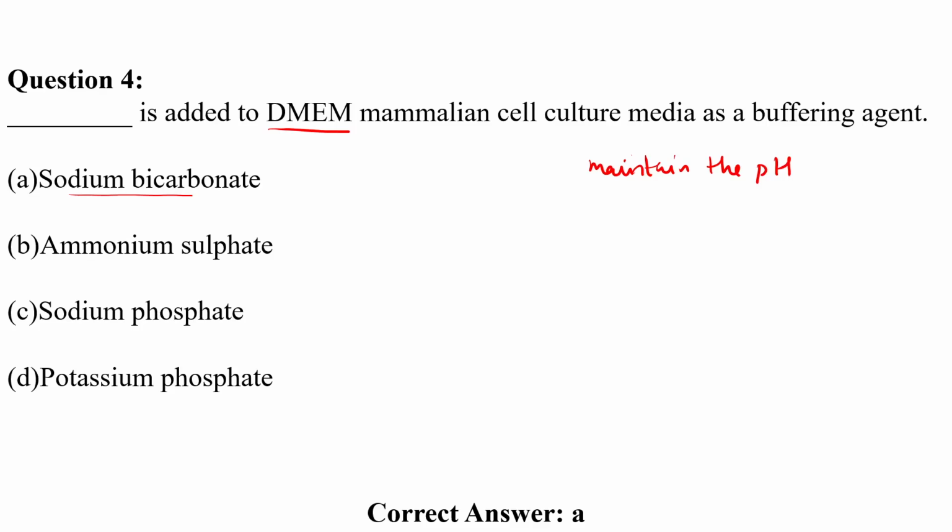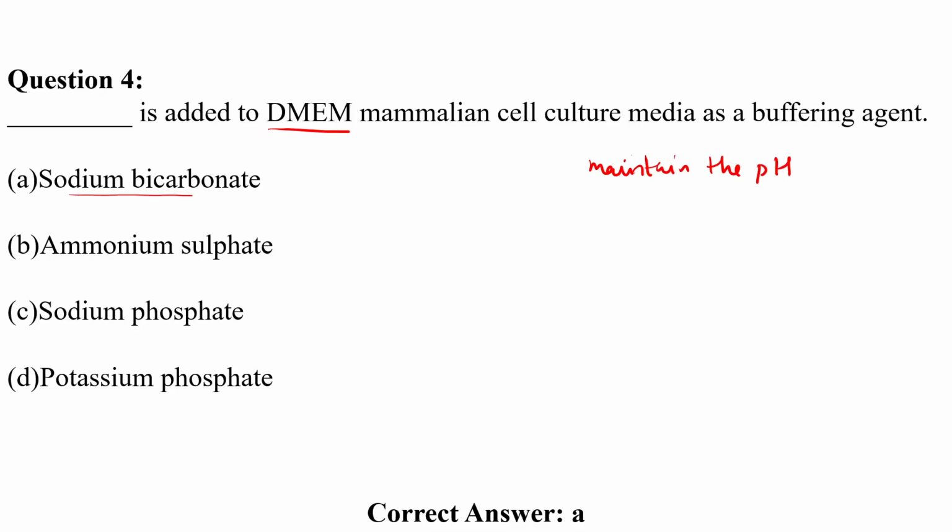Once the cell dies and gets lysed in this medium, the cell components come out in the medium, and those components can make the medium acidic. So to prevent the pH from going towards the acidic range, to maintain the pH of the medium, we add sodium bicarbonate.